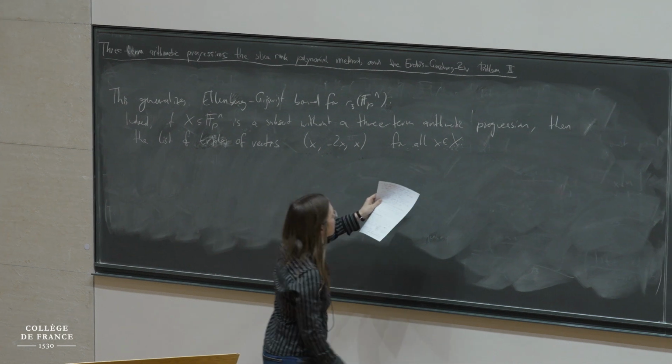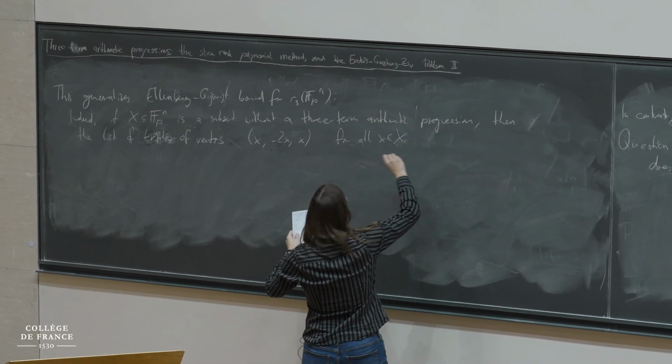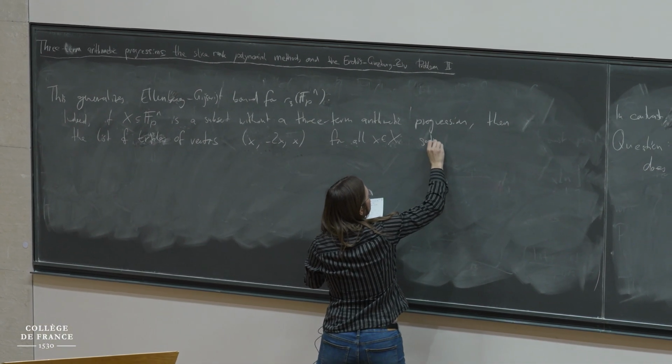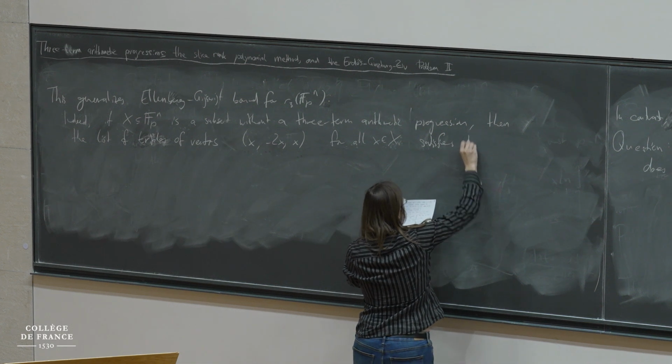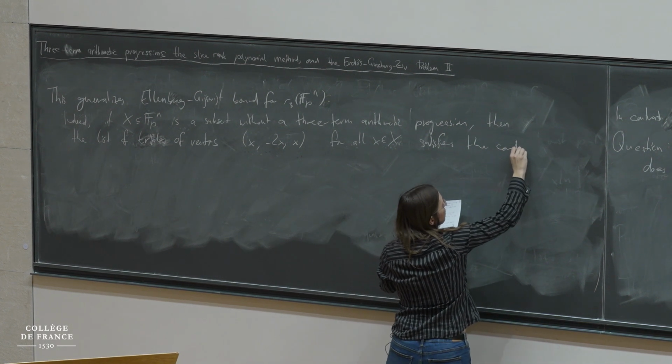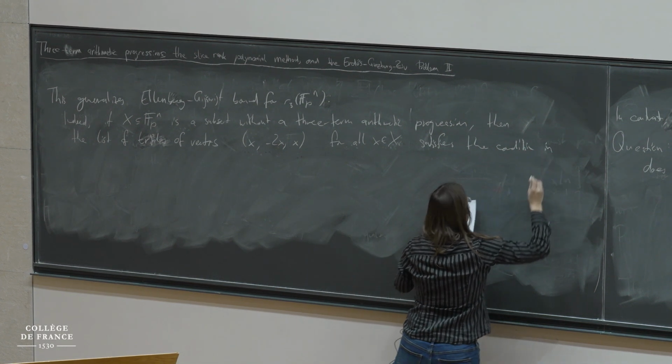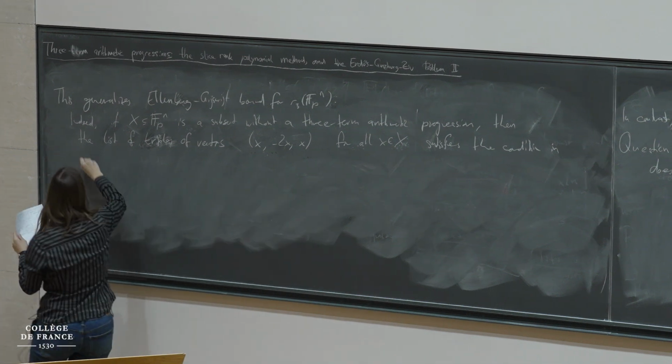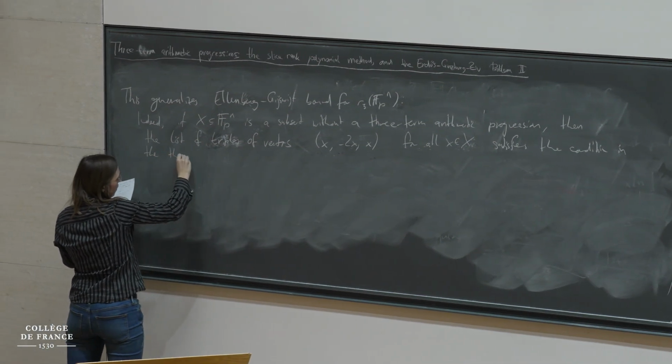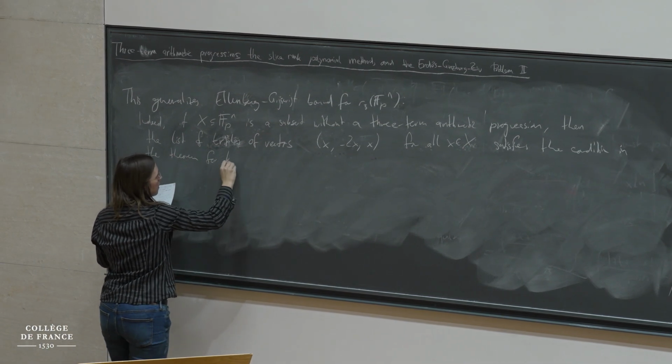Okay, sorry, the sentence didn't end yet. Then this list of vectors satisfies the condition in the theorem for k equals 3.